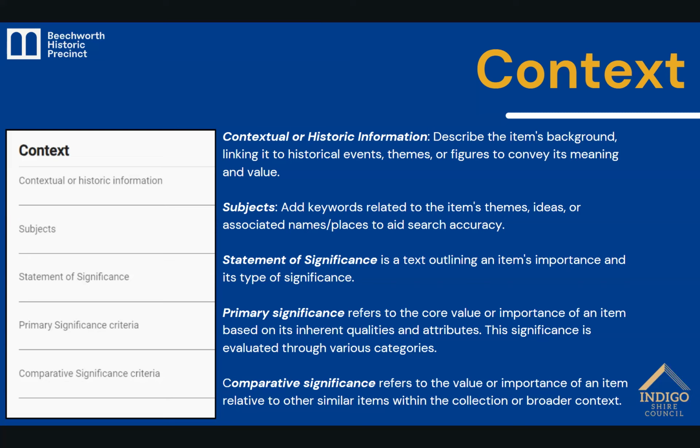This is free text, so it will be a bit of a larger summary than some of the other areas. Then we also have the subjects. Subjects are absolutely essential for people's ability to search within Victorian collections. The more subjects that you put that are specific to the item you have, so not generic ones, for example, photograph, but something very specific about the content or the history of the item that you're cataloguing.